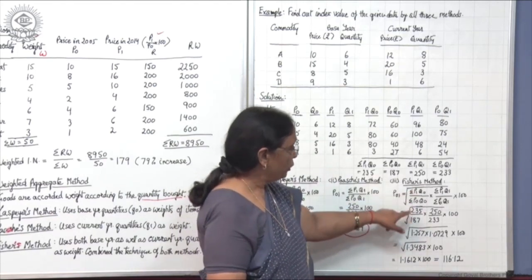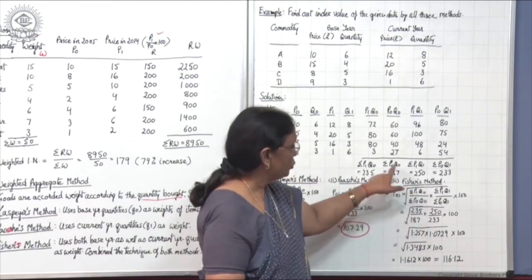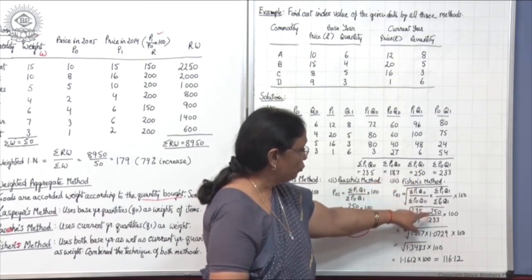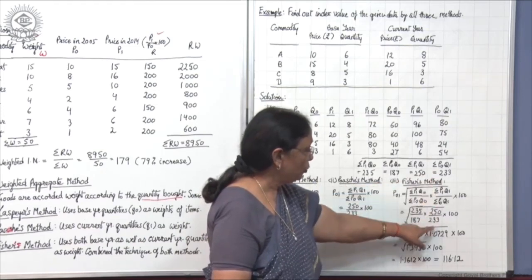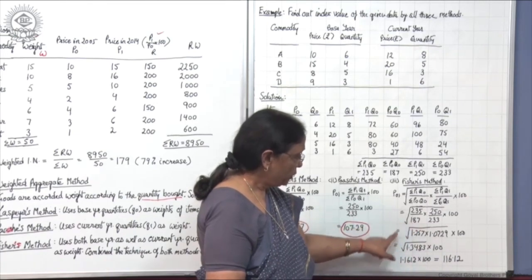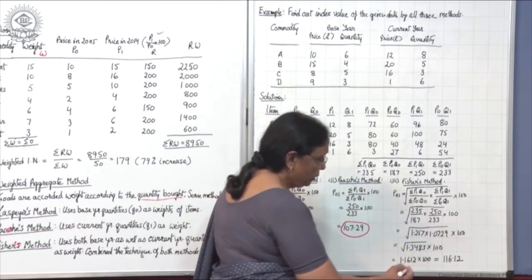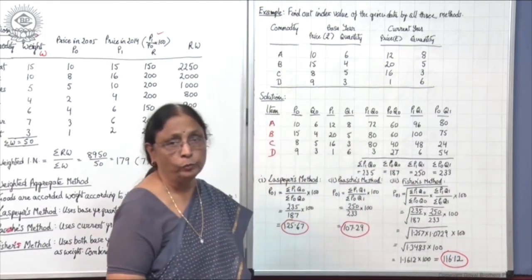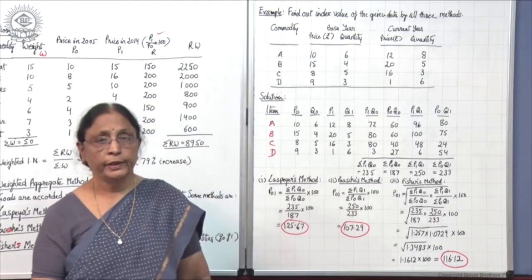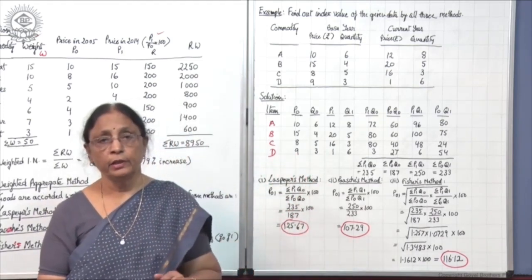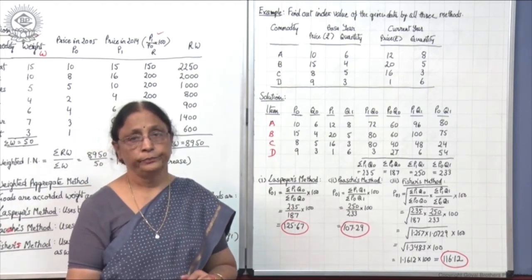Then put the values according to this: P1 Q0 is 235, P0 Q0 is 187, P1 Q1 is 250, and P0 Q1 is 233, into 100, whole under root. Simplify the value and you get the answer, 116.12. So this way you can calculate weighted index number by all three methods.